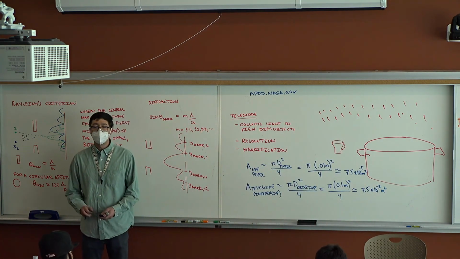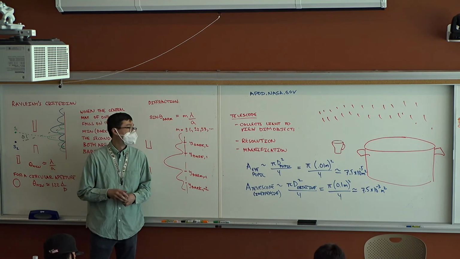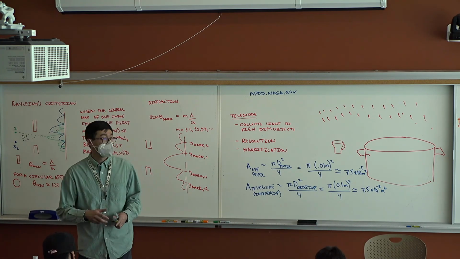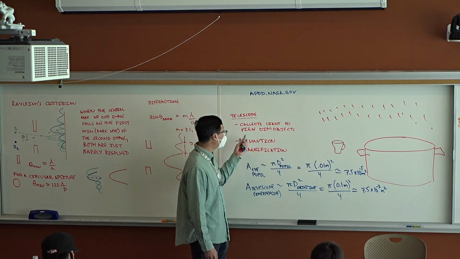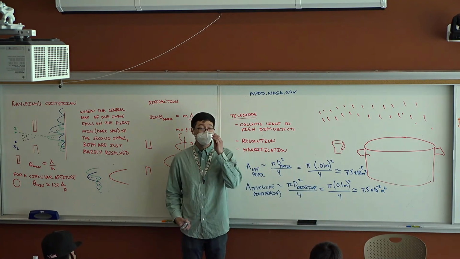The area is how much bigger? 100 times bigger. So its ability to collect light is about 100 times bigger.